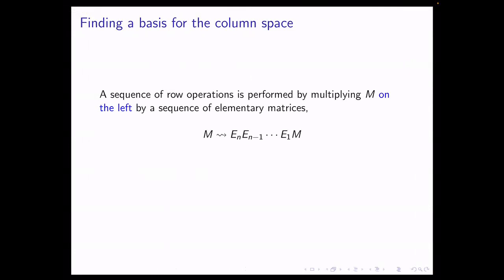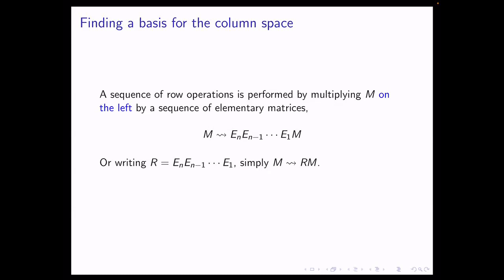A sequence of row operations is performed by multiplying M on the left by a sequence of elementary matrices E1, E2, and so on, En. We can abbreviate this product to R, and we need to remember to read it right to left. So M goes to RM.